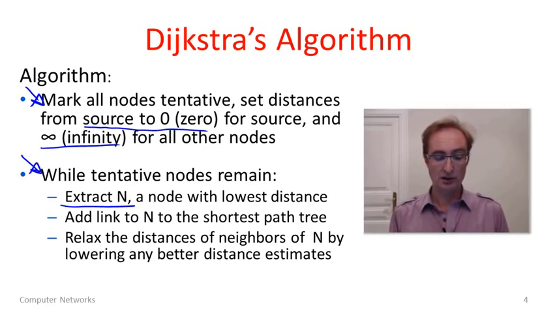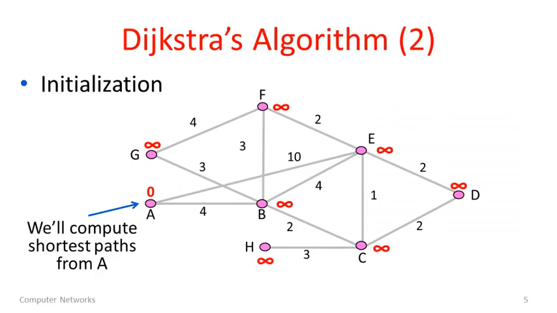And then we will use the information from that node to relax other costs, to lower other costs. We do that by taking the cost of the node, looking at the node's neighbors, and seeing if there is a lower distance way to reach any of the node's neighbors. That might sound a little mysterious, but let me go through an example and you'll see that this relaxation step is quite straightforward.